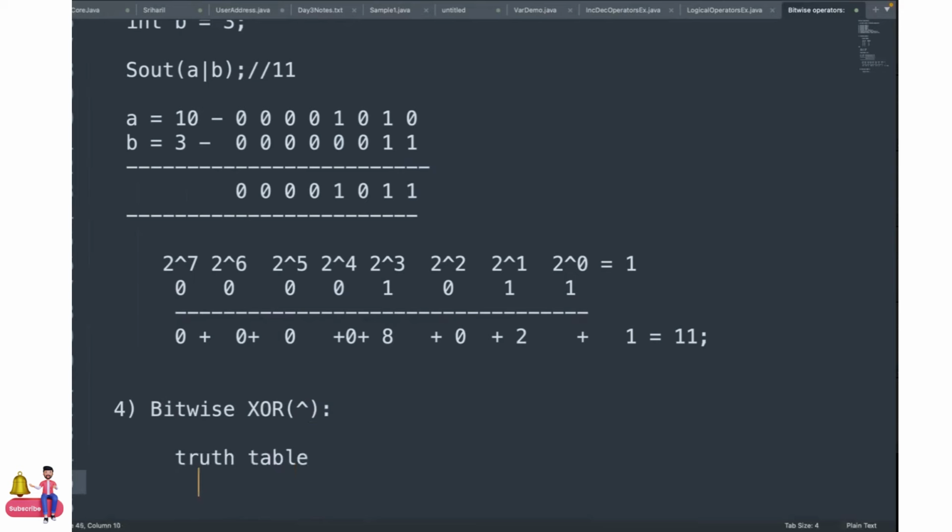I have bit 1 and bit 2, and the combination of these two. If bit 1 is 1 and bit 2 is 0, can anyone guess, based on the truth table we used for logical operators, what will be bit 1 XOR bit 2?